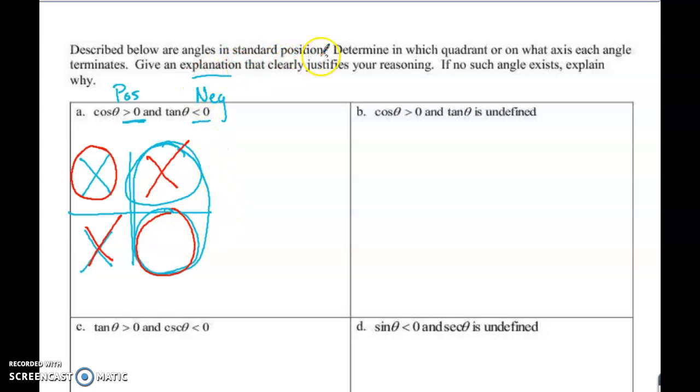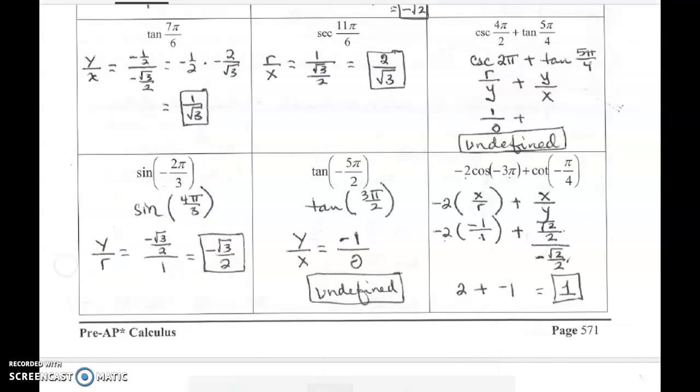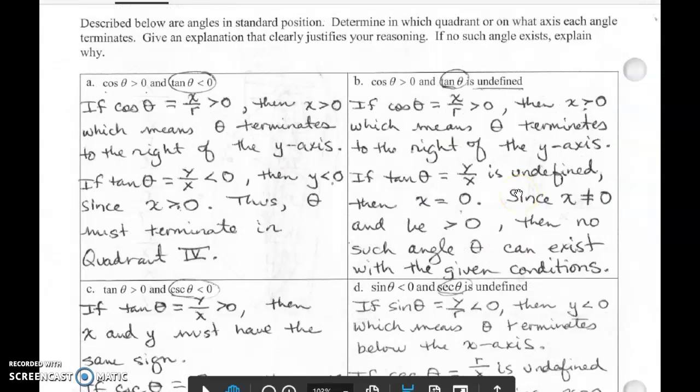I think the justification, I'll actually just pull up his answer key because I'm not trying to hide anything. There we go. He's talking about how cosine is the x-coordinate, which is positive in the first and fourth quadrant.